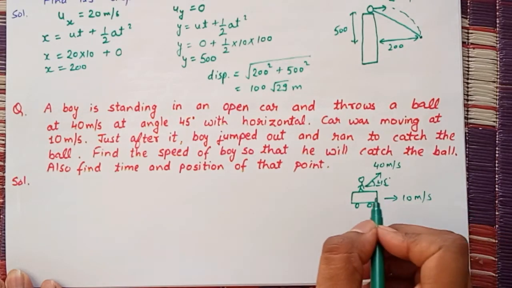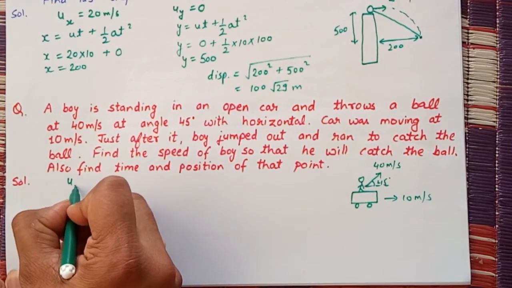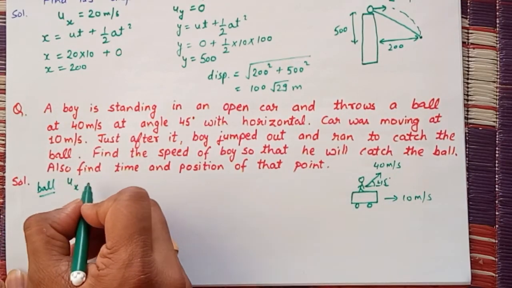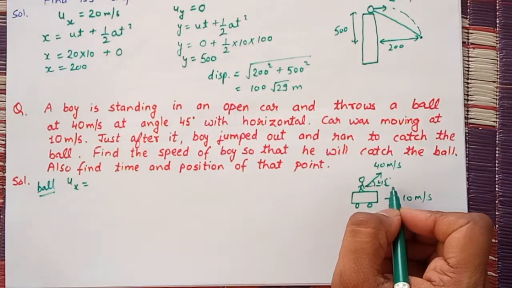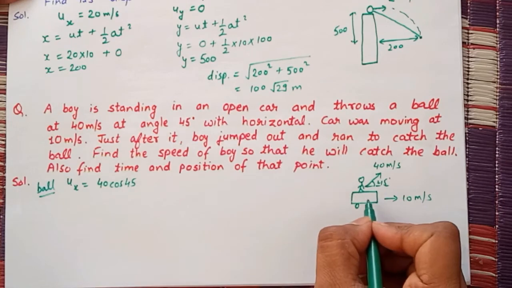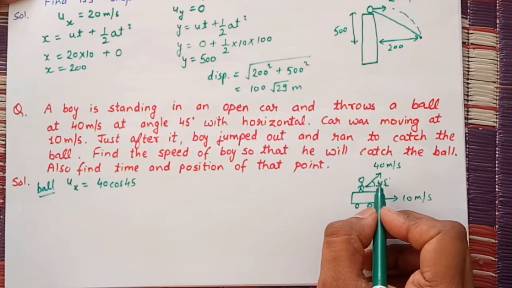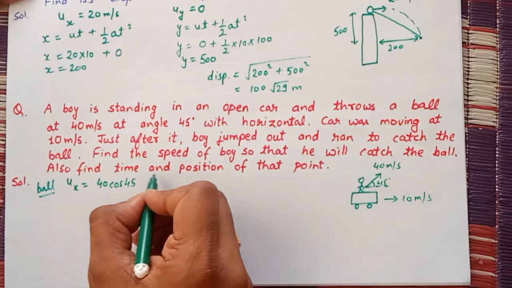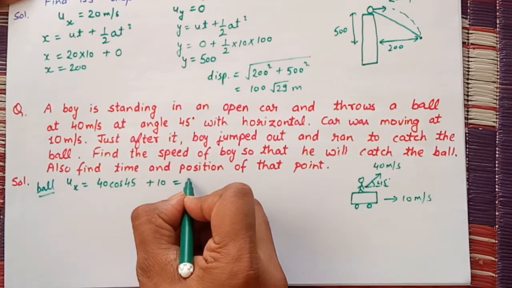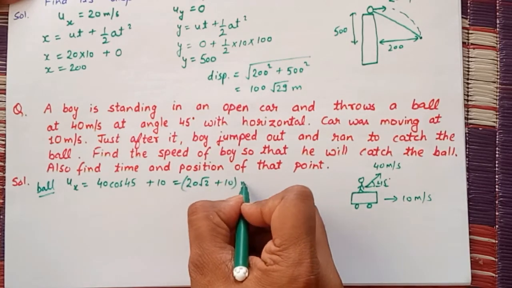So what will be the initial velocity of the ball in the horizontal direction? Means what will be ux for the ball? It will be 40 cos 45, as well as, since the boy is standing in the car, the car's horizontal velocity will be supporting the velocity of the ball. So ux is 20 root 2 plus 10 meter per second.